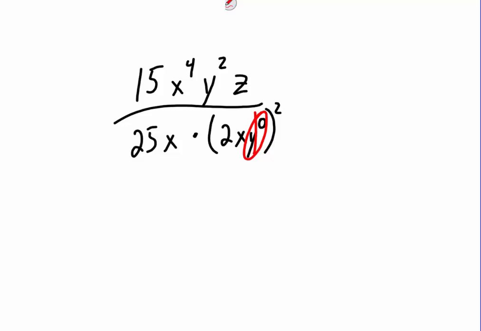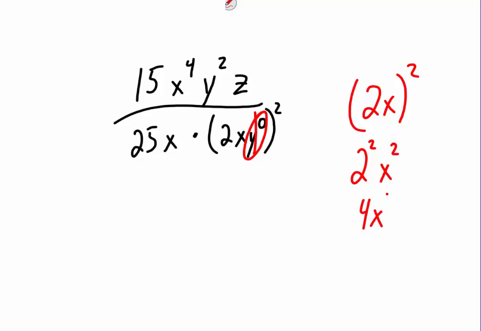Now when we have 2x squared, that's the same as saying 2 squared x squared, and that's the same as saying 4x squared. So I can take all of this and replace it with 4x squared. Okay, that starts cleaning it up quite a bit.